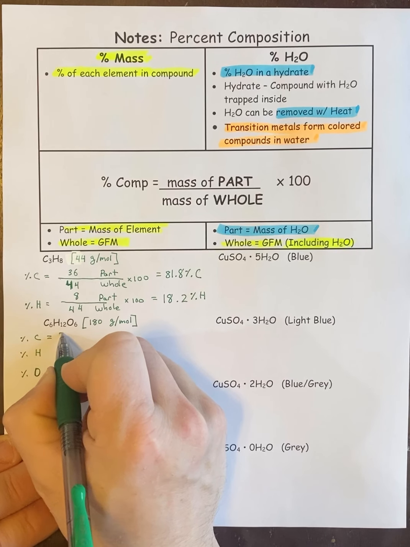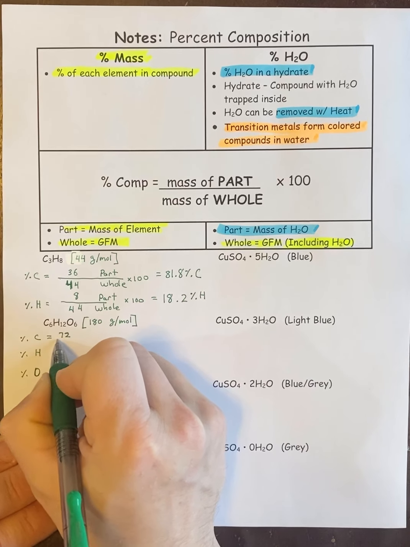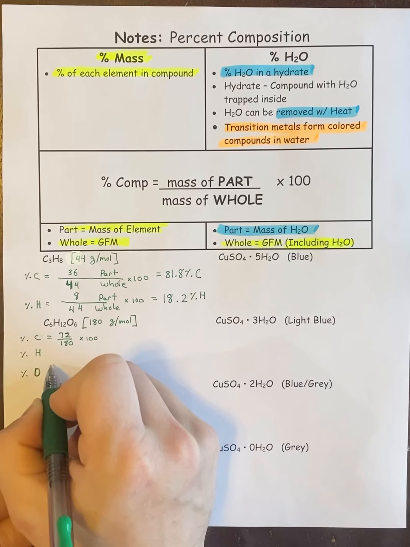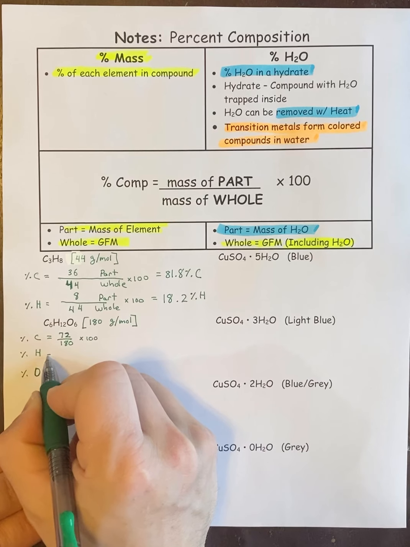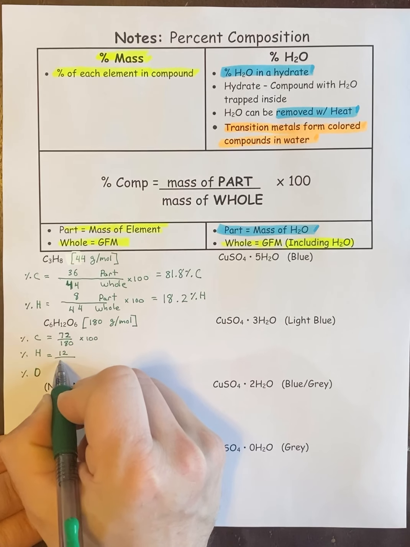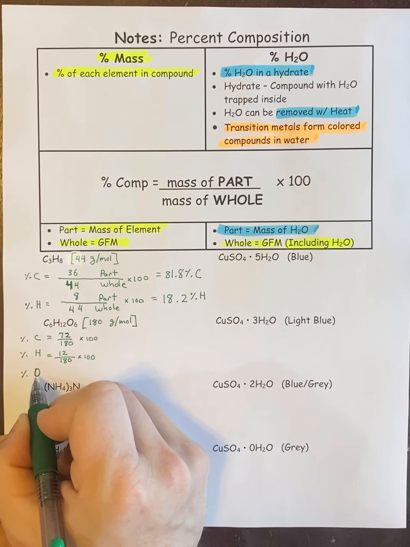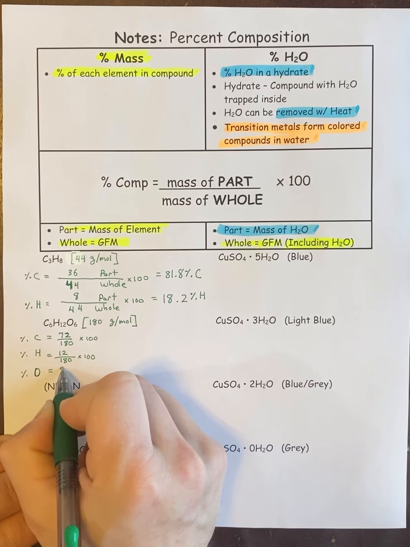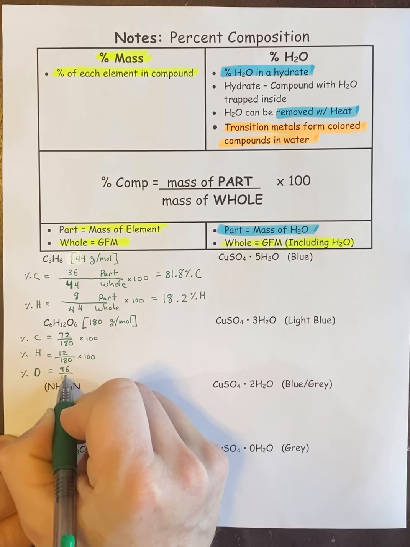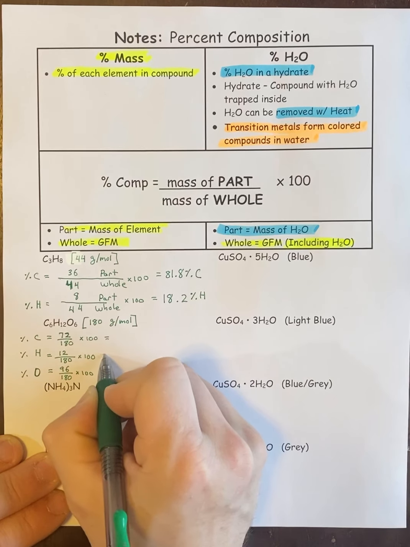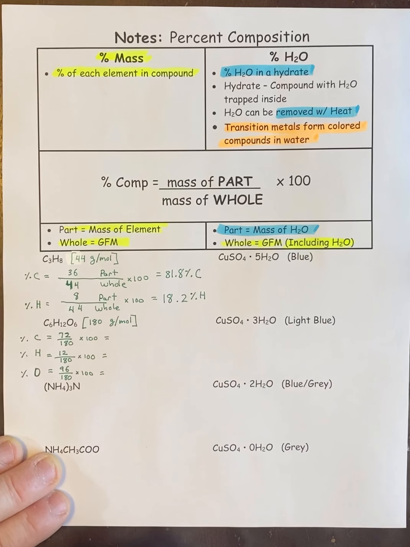So 6 carbon is going to be 72 over 180 times 100. 12 hydrogen are going to be 12 over 180 times 100, and the 6 oxygen are going to be 96 over 180 times 100. These should be pretty simple to do.